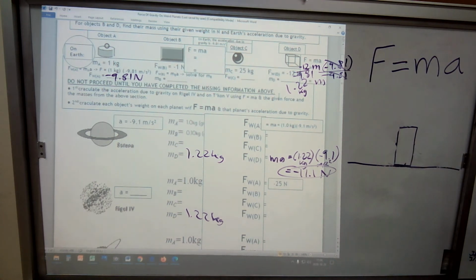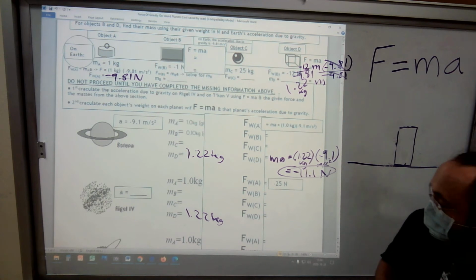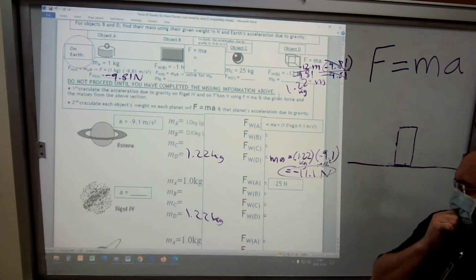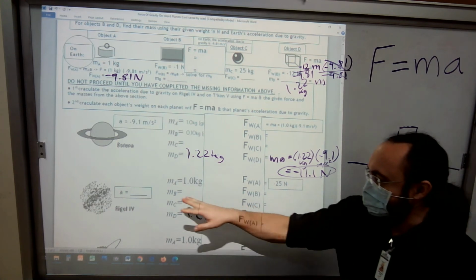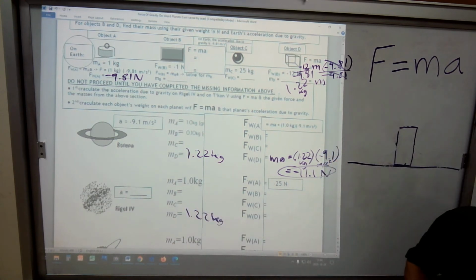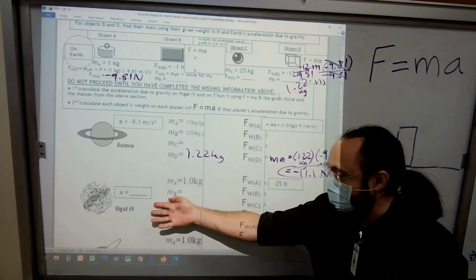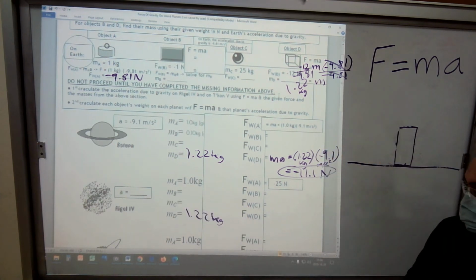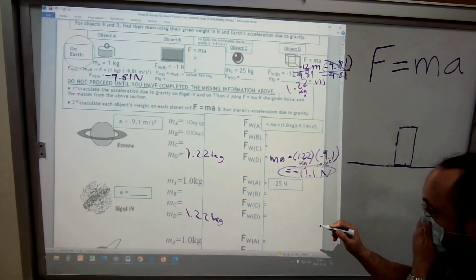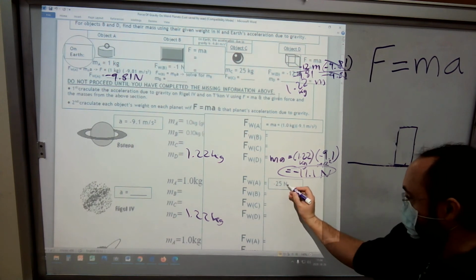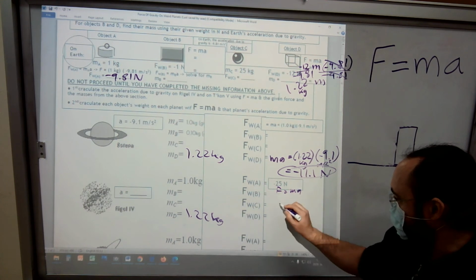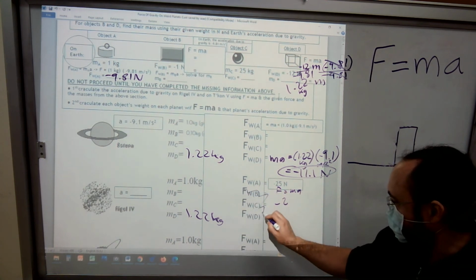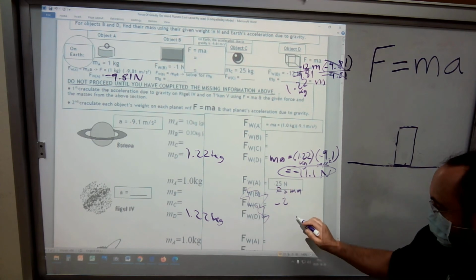Another thing that some of these will have you do is solve for acceleration on some of these planets, like on this mystery planet. We need to figure out the acceleration due to gravity. If we know the weight is 25, we can use F equals ma. If that's the weight, I plug that in for F. We're not worried about these, we're just doing this part.